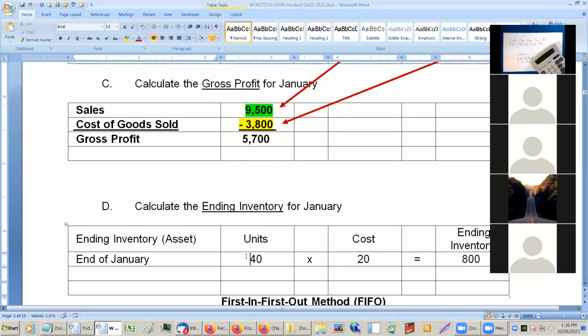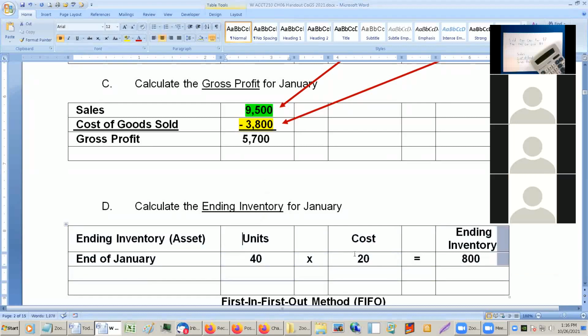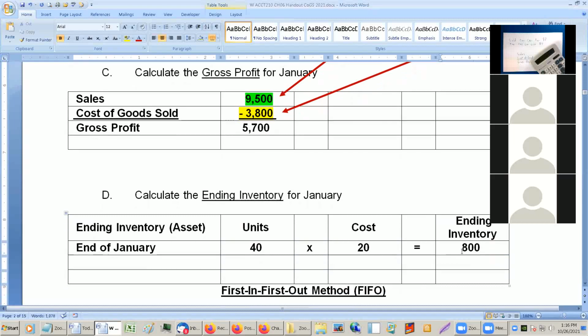So at the end of January, we would have, I'm going to pull this whole thing. And so this being an asset, we still have it on the books, we can still sell these. The ending inventory would be 800.